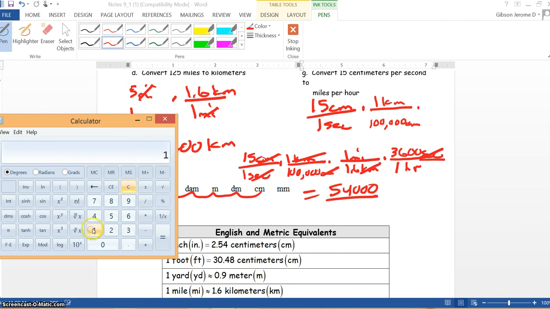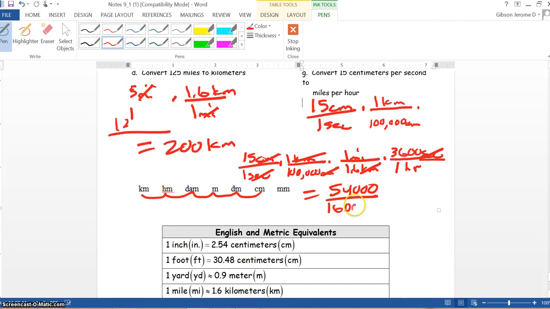It'll be 100,000 times 1.6, and that would give us 160,000. Now if we simplify this, remember we could divide off these zeros here. 54 and 160 both have 2 in common. So that would be 27 over 80.